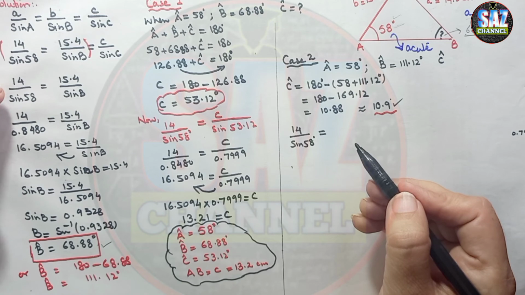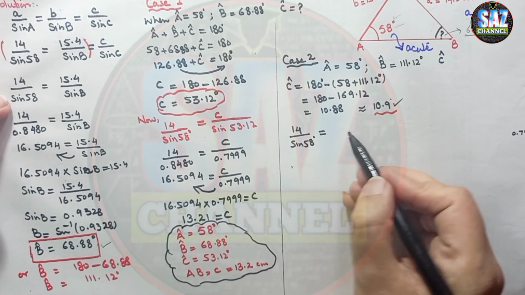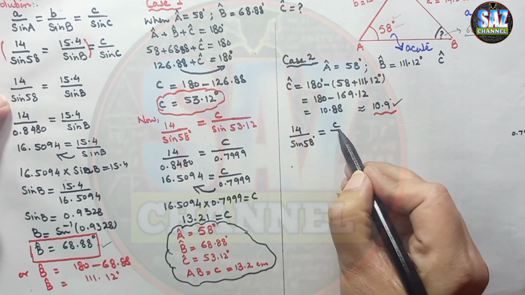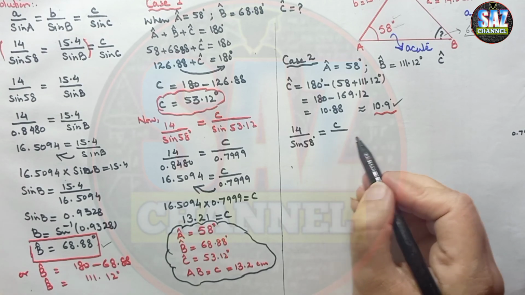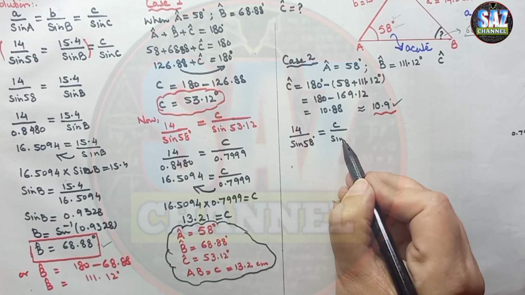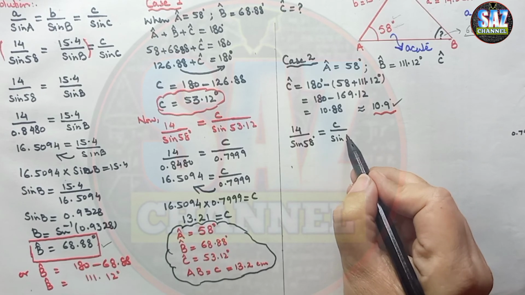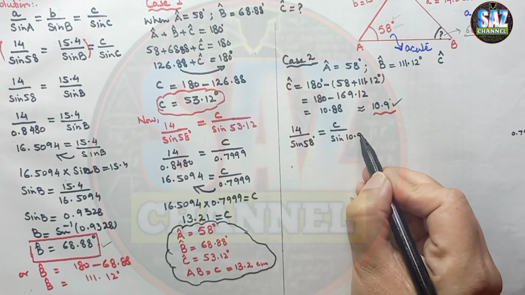Now 14 upon sine 58 degrees will be equal to C upon sine of C, and now instead of angle C I will be using 10.9 degrees or 10.88.